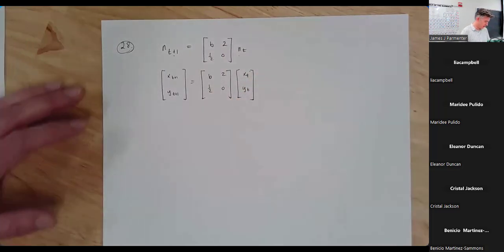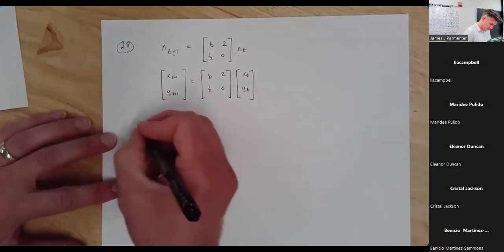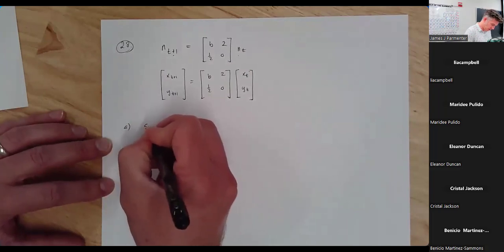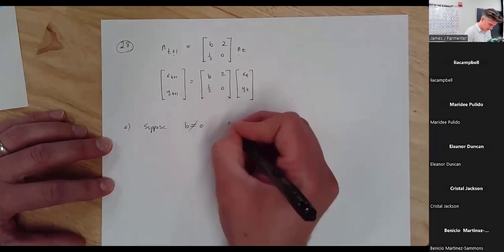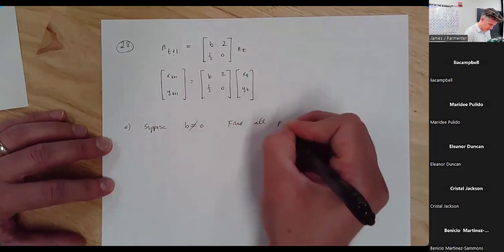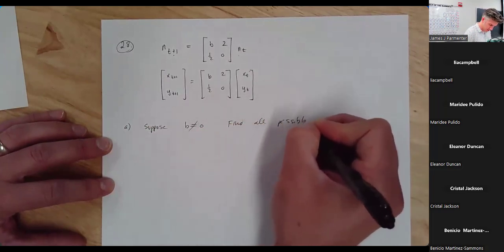And then the question says, for part A, suppose that b is not equal to 0. Find all possible equilibria.